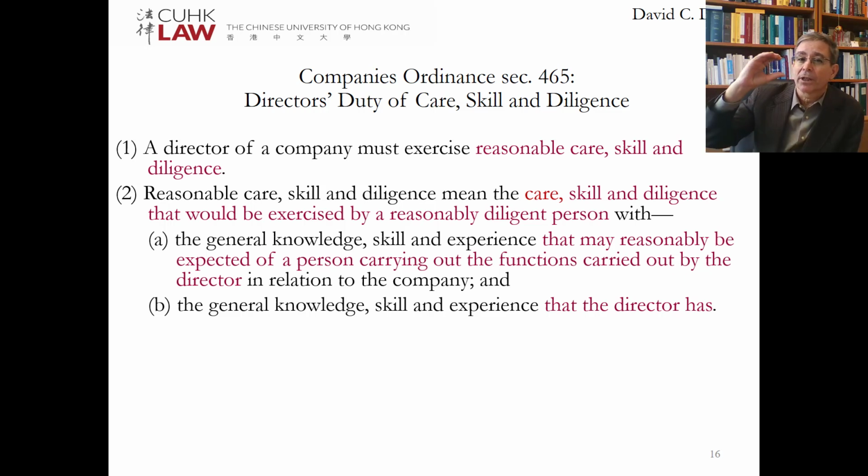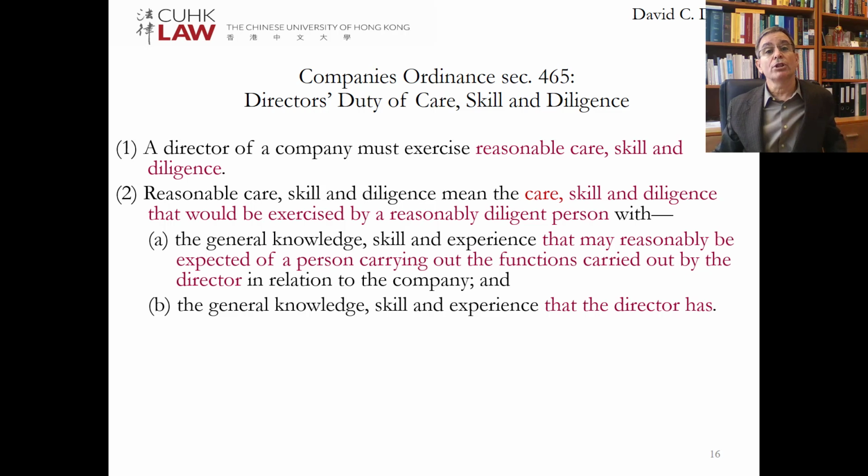So first of all, we're looking at whether the person is exercising the care, skill, and diligence that can be expected of a reasonably diligent person performing the function that that person does as director within the company. And then we look to see whether the person is exercising the care, skill, and diligence that that director brings to the job. And that will be primarily skills as an accountant, a lawyer, or some sort of technical skill.